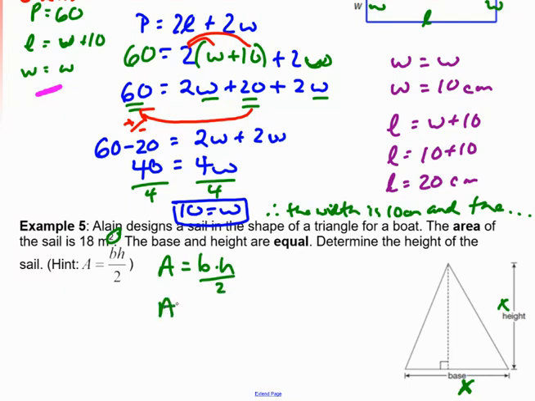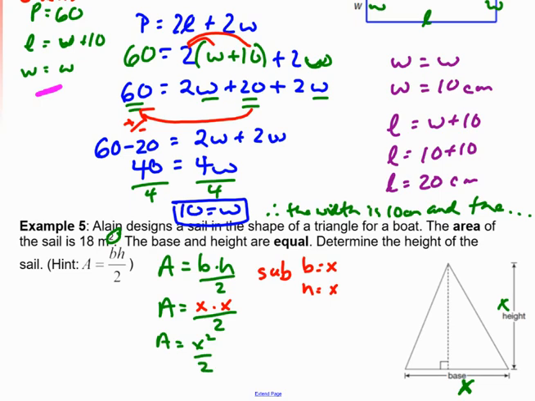Well, if those are x's, we sub in b equals x and h equals x, so we have x times x divided by 2. Well, x times x, we learned really early on in this unit, is x squared divided by 2.